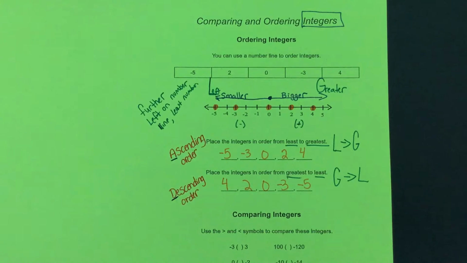Descending, that's what the pilot says when he's coming to land, and he's like, prepare for descent, or we're descending down to 1,000 feet or whatever it is. So that's the difference. You're going to be seeing these words, especially as we move through 4th to 6th grade. They may not tell you, hey, put these in order from least to greatest. They may just say, put these in ascending order. You have to know the difference between ascending and descending.